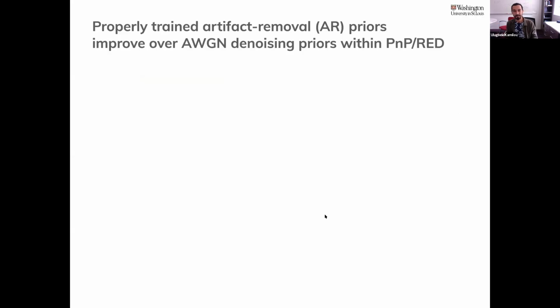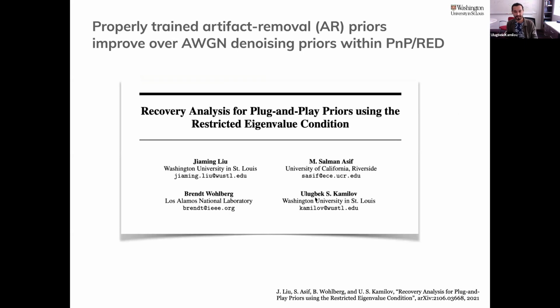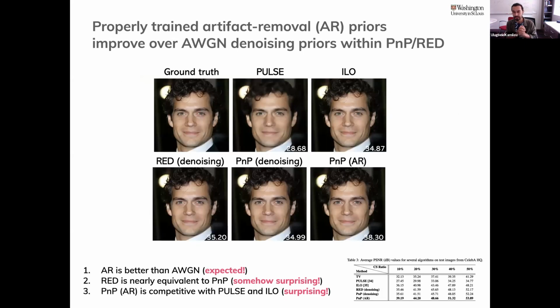In any case, I'm pretty much done for this chunk of the talk, but let me just show you that in this paper, we also compared that with using GANs, generative adversarial networks, which have been extensively used. ILO is a very recent method from this year, and PULSE is a method from last year. Both of them essentially do optimization by projecting to the range of a generative adversarial network.